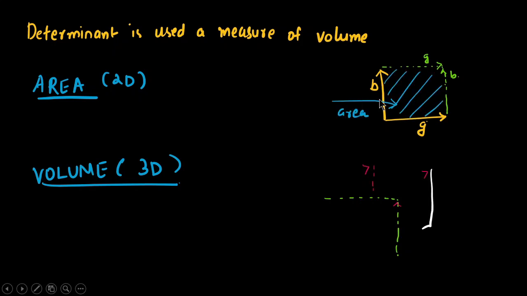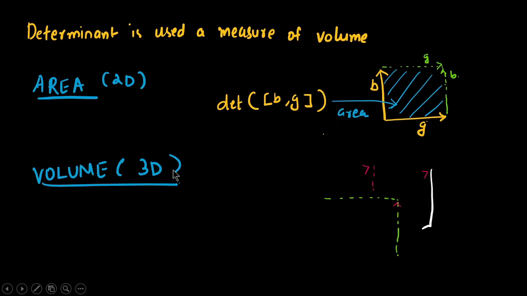Okay, so this area is calculated like this, determinant of BG. So BG is the matrix that represents these two vectors. Each column represents each of these vectors. So take the determinant of that matrix, we will get the area of this parallelogram.